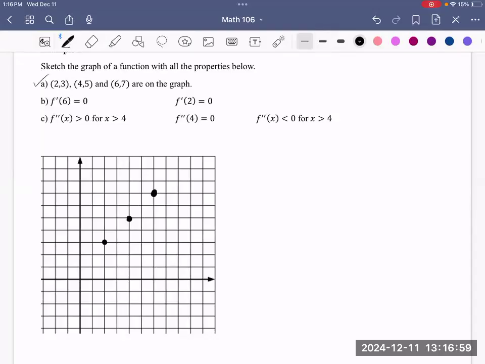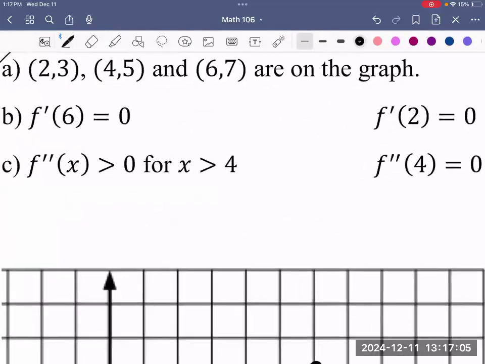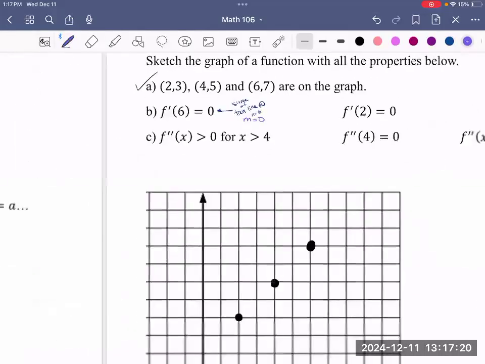So that's A. Now it says the first derivative at 6 is equal to 0. Now the first derivative provides us with what type of information? Well, that provides us with the slope of the tangent line when x is equal to 6. This is equal to 0. So your slope here is equal to 0.